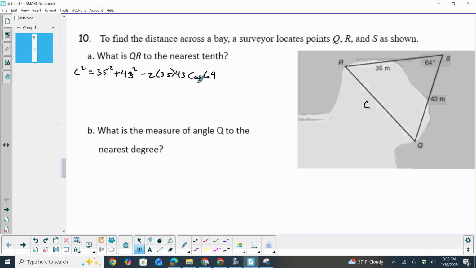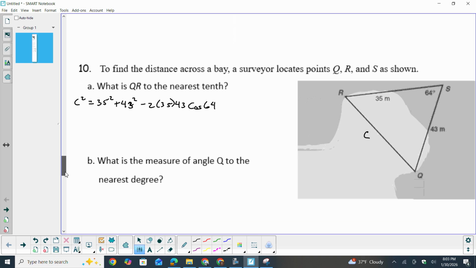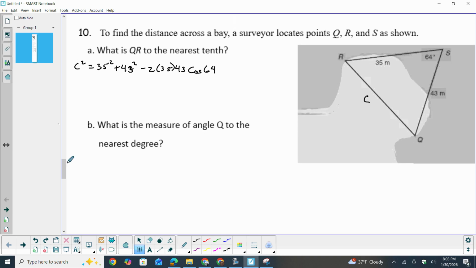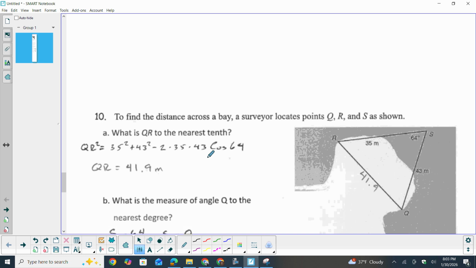Make sure you have cosine here and not sine. Helping people earlier, that was definitely one of the common mistakes. If you do that, you should get that the length of QR is 41.9 meters.